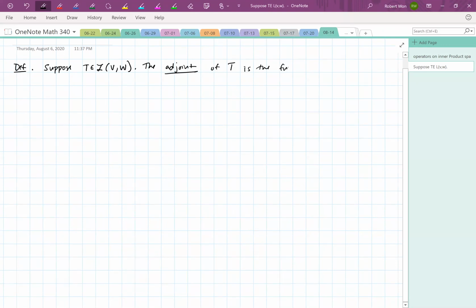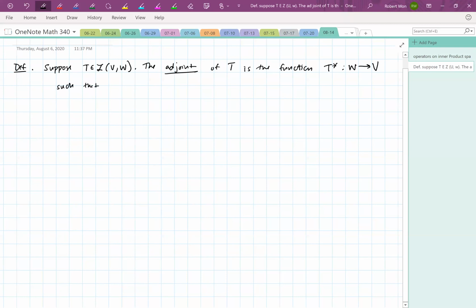Okay, here's the definition. Suppose that T is a linear map from V to W. And again, I'm not saying this because I've made the hypothesis consistent throughout: V and W are finite dimensional inner product spaces. Then the adjoint of T is the function denoted T star from W to V. So it goes in the opposite direction as T. And how is the adjoint defined?